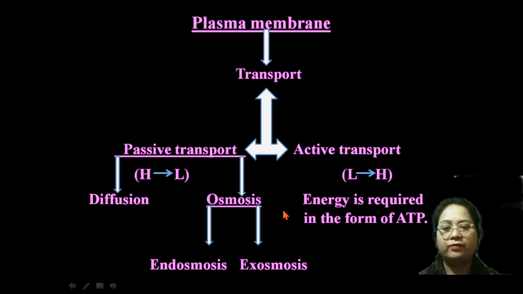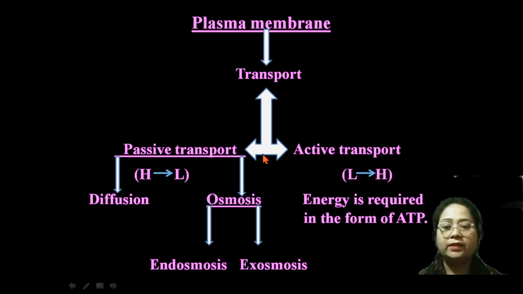I think we are very familiar with these words, passive and active, and also diffusion and osmosis, as we have already studied in the previous classes. About diffusion and osmosis and the differences between these two, we are going to study later on.